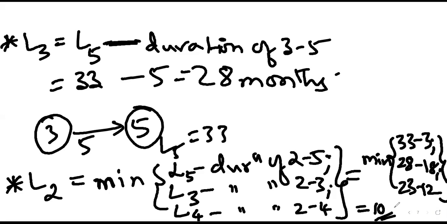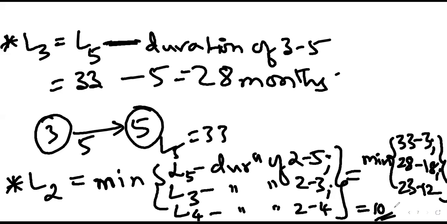And once that is done, next we list all the E and L values in a single place. In a single consolidated table, we'll have activity, duration, early start, early finish, late start, and late finish.